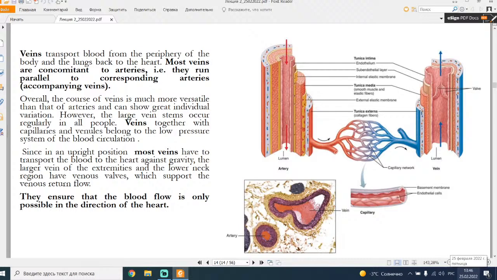The large veins of the extremities and the lower neck region have venous valves which support the venous return flow. They ensure that blood flow is only possible in the direction of the heart.